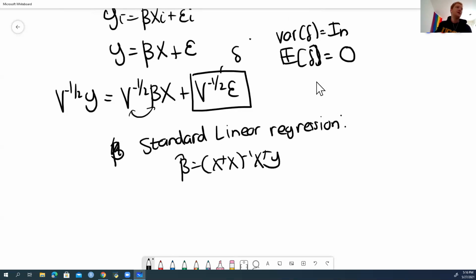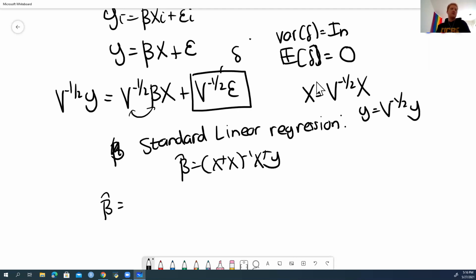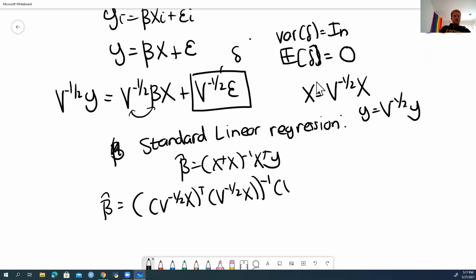So if instead we let x be equal to V to the negative 1/2 times x, and y equal to V to the negative 1/2 times y, we end up getting that beta hat is equal to V to the negative 1/2 x transpose, V to the negative 1/2 x inverse, V to the negative 1/2 x transpose, V to the negative 1/2 y.